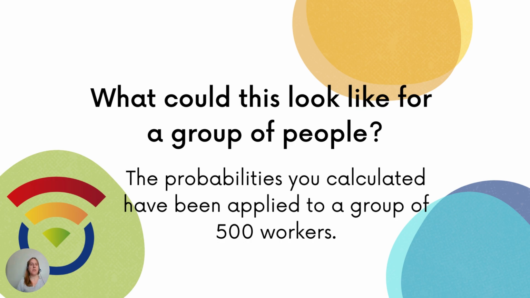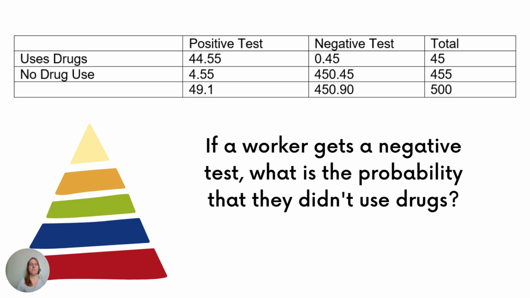We are now going to use those probabilities you calculated and apply that to a group of 500 people. So in this table, I have taken the probability of a person using drugs and their test results.